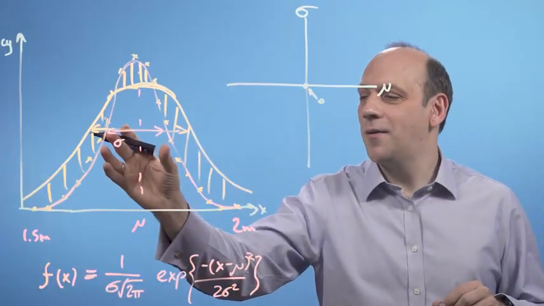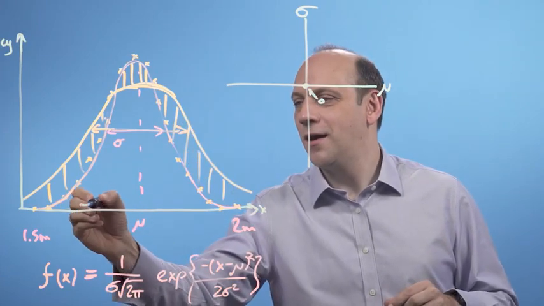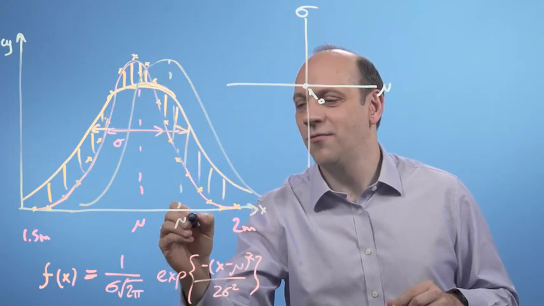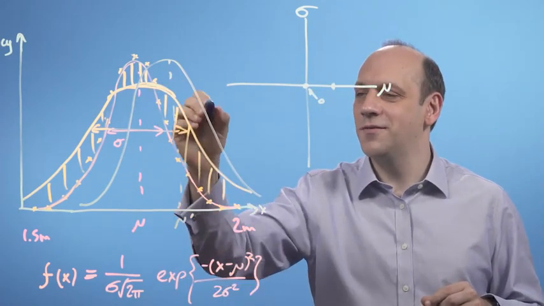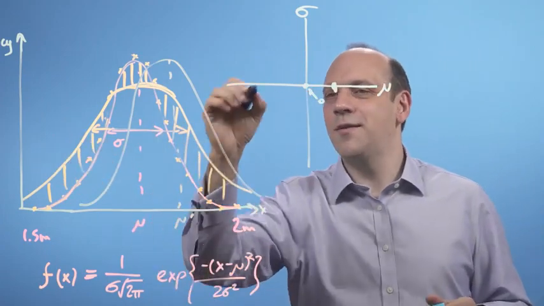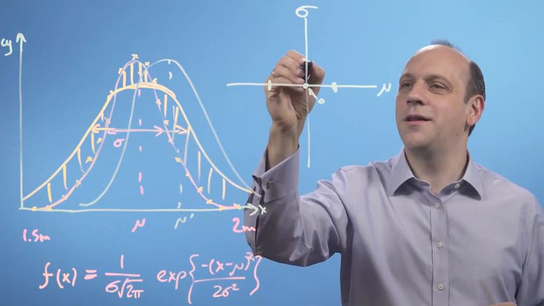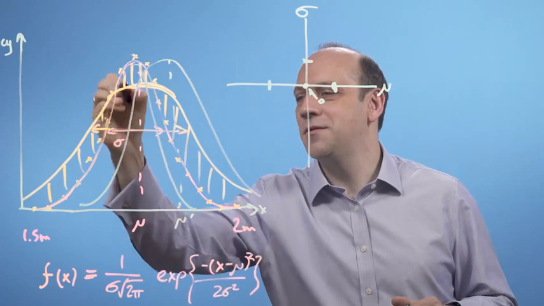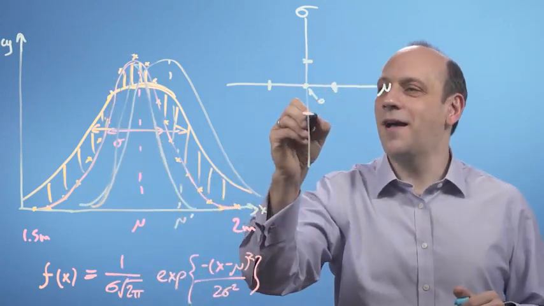And if mu was too far over, if we had misestimated mu and we'd got the distribution shifted over, i.e. the width was right but we had some wrong value of mu there, then we get some value of the sums of the squares of the differences, our goodness, being some value here that was higher. And it might be the same if we went over the other side and we had some value there. And if we were too wide, we'd get something there, or too thin, we'd get something like that. So we'd get some other value of goodness.